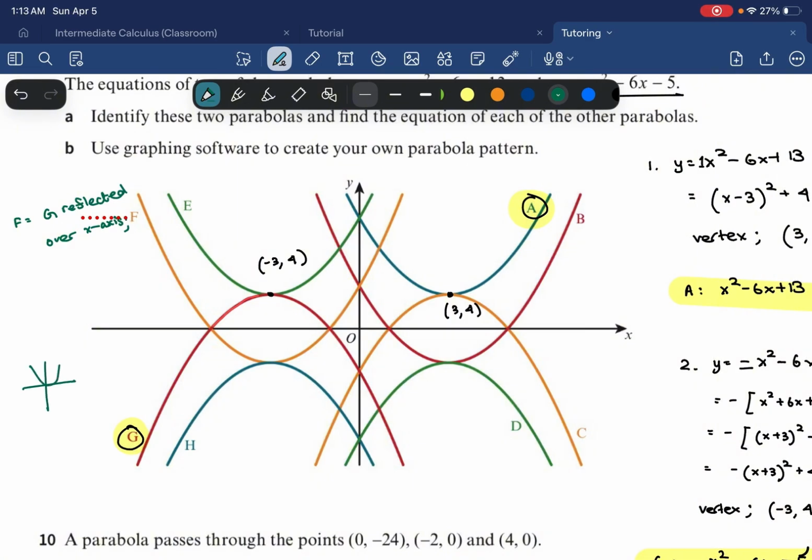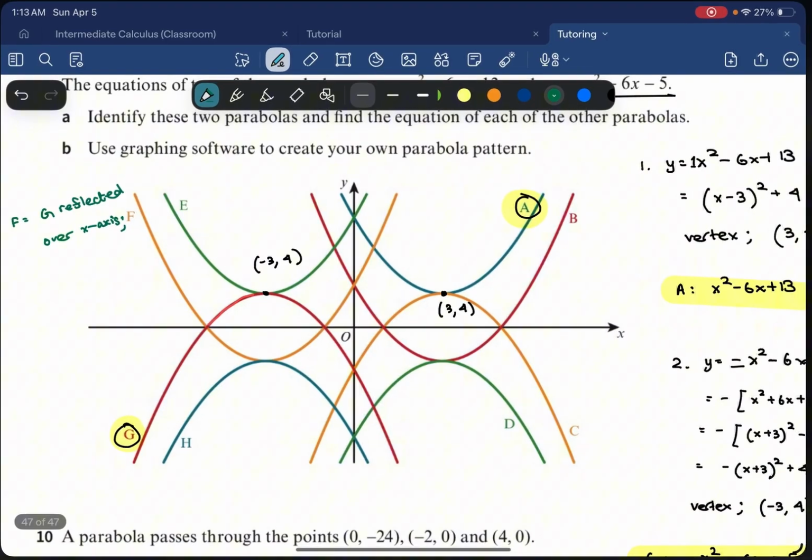If I have this equation, if I want to flip it over, this is x squared, I take negative of x squared, right? So I just want to make all the y values negative. And that's going to help me reflect over the x-axis. So if I have y values, if they're positive, I need to make them negative of their same values. If they're negative, I need to make them positive, right? If I want to reflect over the x-axis.